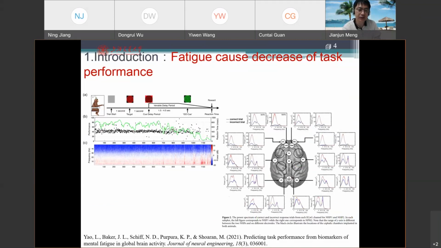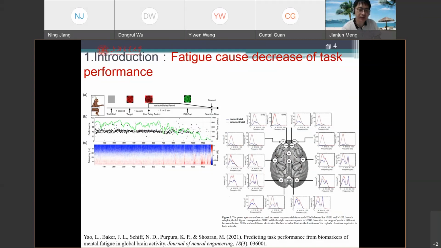The reaction times of correctly performed trials are plotted in figure B here as black dots, and the smoothing green line is the estimation of task performance. As you could observe, the number of correctly performed trials decreases across the task period, since the whole task lasts almost 2 hours for the animals.